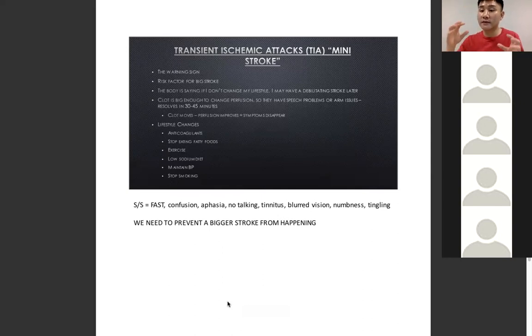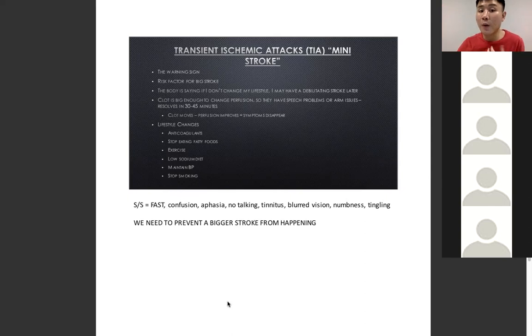However, the occlusion is not big enough to the point where no blood is able to go to the brain. The occlusion is small, but it's still obstructing the blood. There's still blood able to go to the brain, but it's significantly reduced. So that's why these patients show signs and symptoms of a mini stroke.